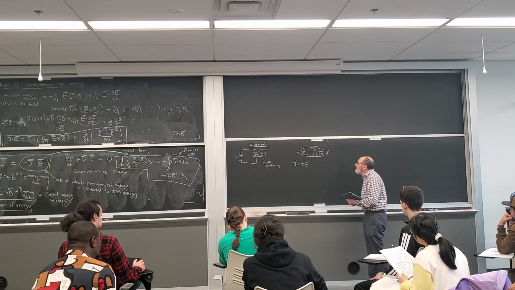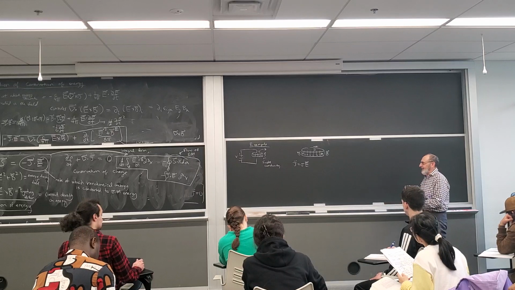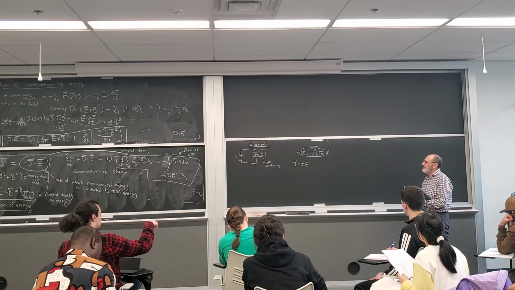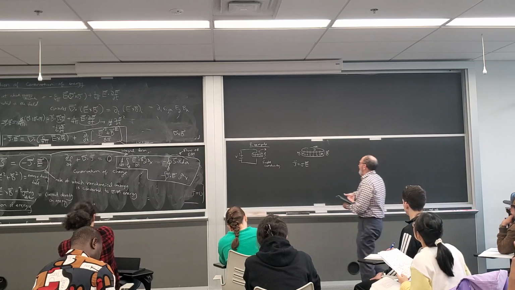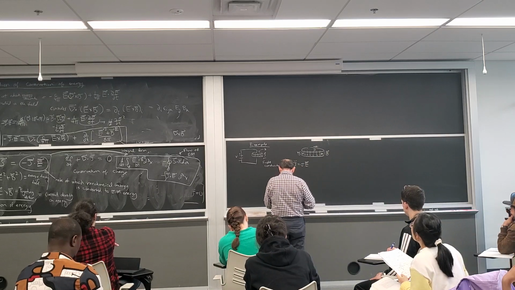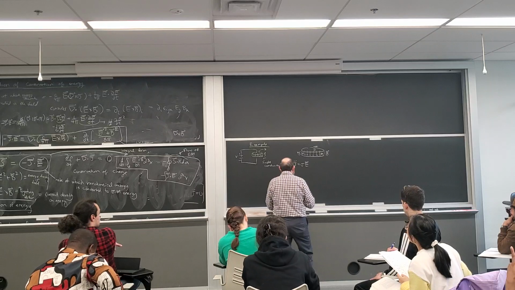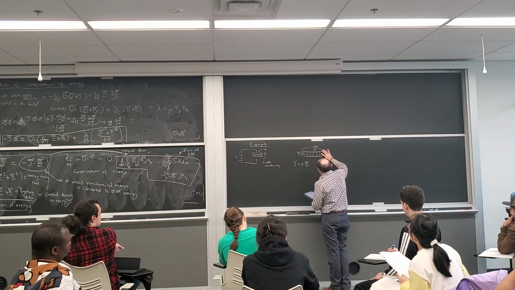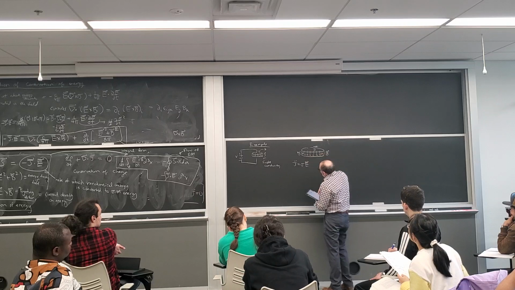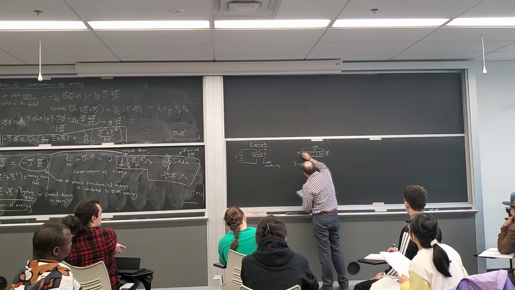So what direction is the Poynting vector pointing in this case? Let's see, did I get this right? Oh, I got it backwards. Current, magnetic field going into the board here.